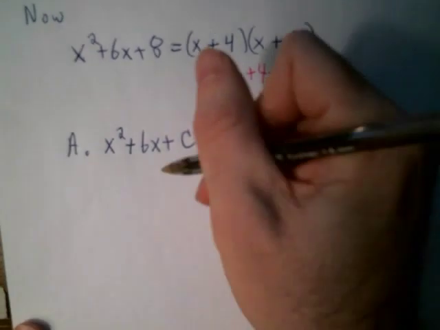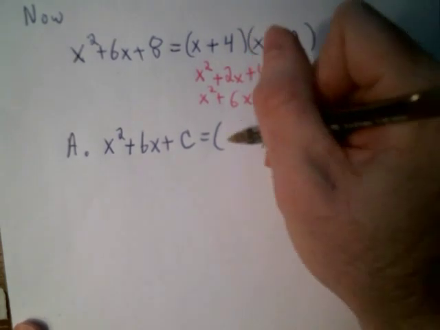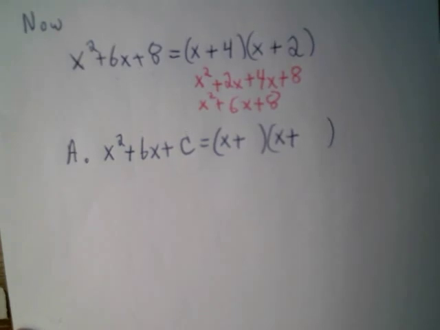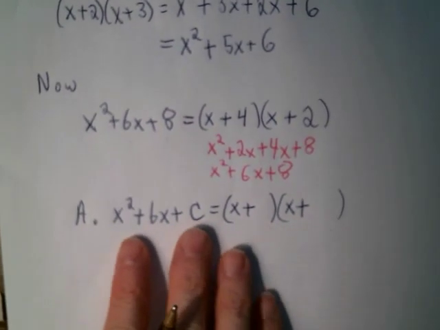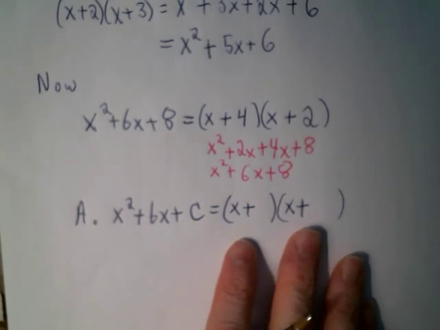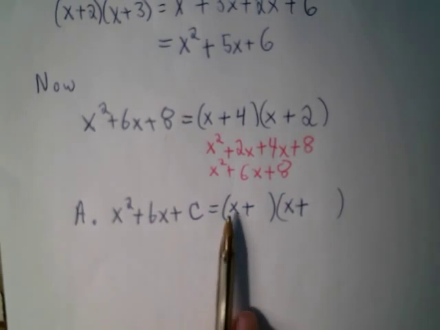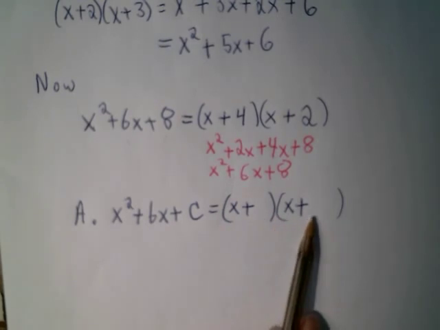Whenever you see that, you automatically write x plus and x plus. It's the way you FOIL this out that forces this form to be appropriate. As soon as you see this form with plus plus, you write up your parentheses, then x plus, and you have to fill in the blanks.